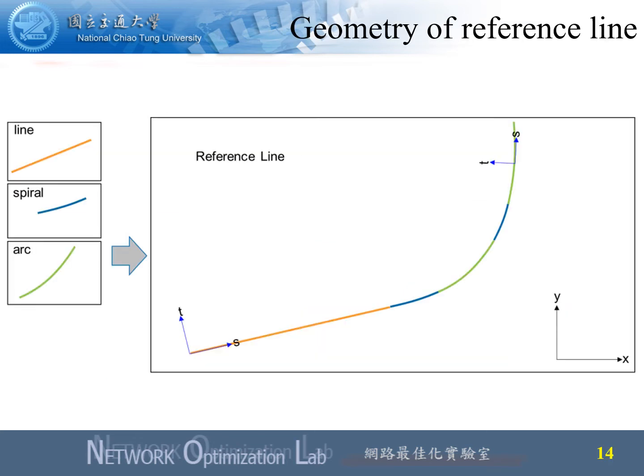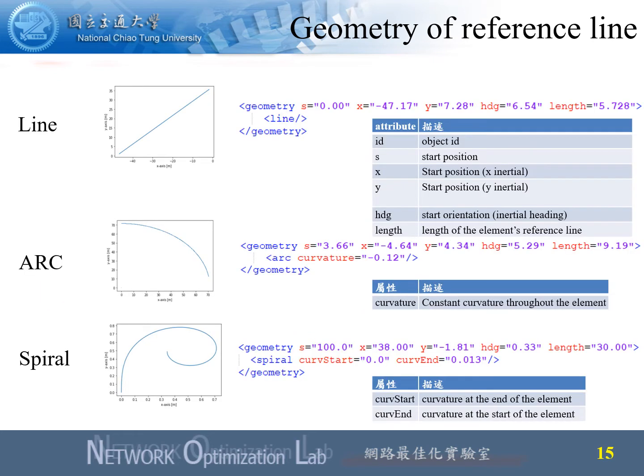A reference line of a road can be divided into several segments to follow the linear equations from OpenDrive. For example, 3 types of description of a reference line are depicted.